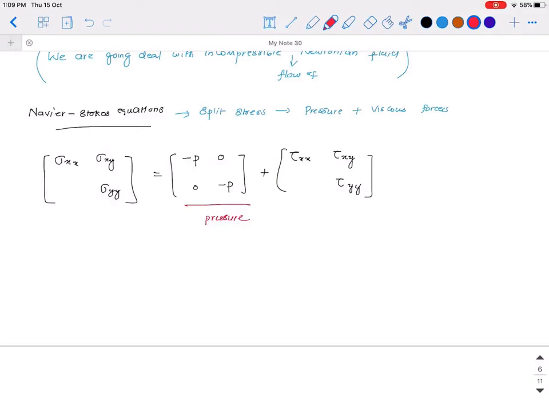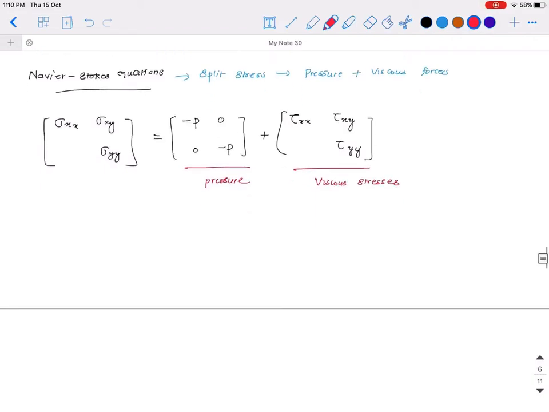That is why the component of diagonal is P, and there is negative because by pressure we are talking about compressive force per unit area. Okay, it is compressive, so it is negative. It will be equal in all directions, so the diagonal components have the same values. Okay, this is pressure force, this is viscous stresses. Okay, but this doesn't seem to be a clever idea, because now the total unknowns are 10.